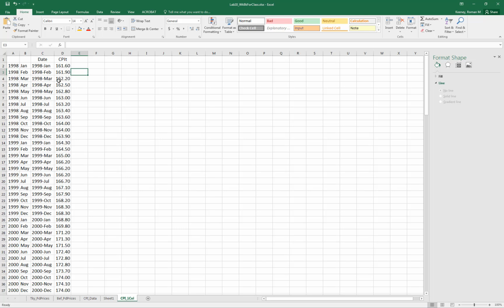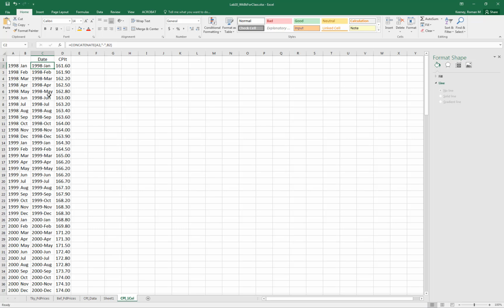If you look at this data sheet, it has a column A which has the year, a column B which has the month, and then column C which is the actual date. It's using this concatenate formula for 1998 and January, put those together with a dash in between.